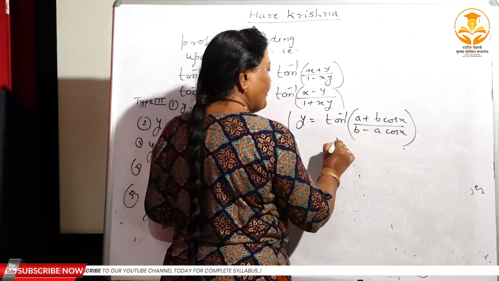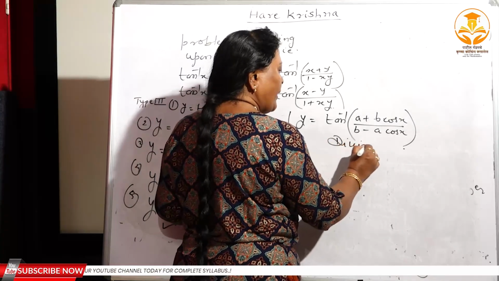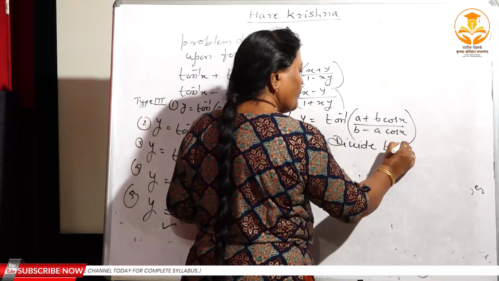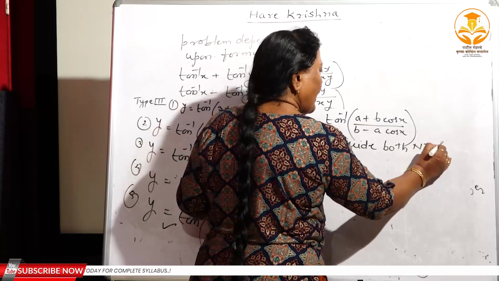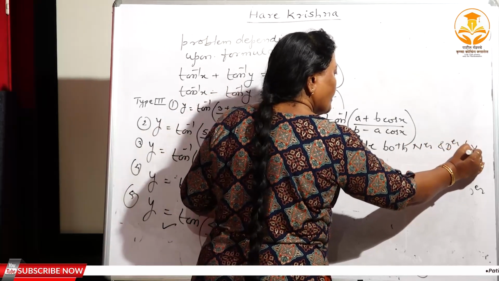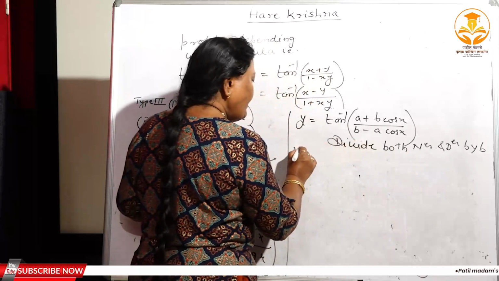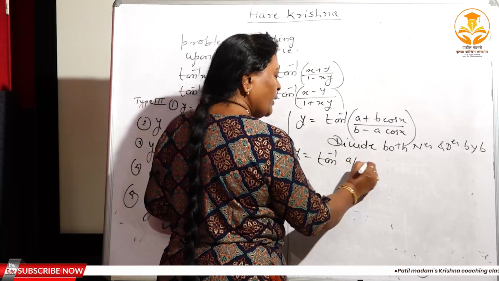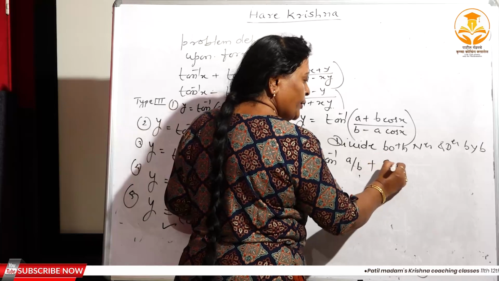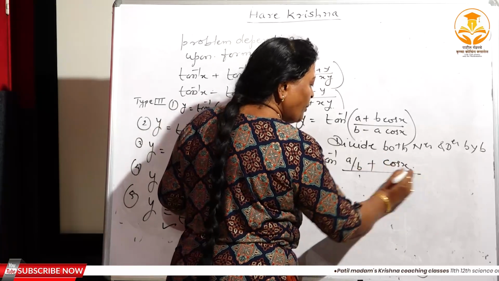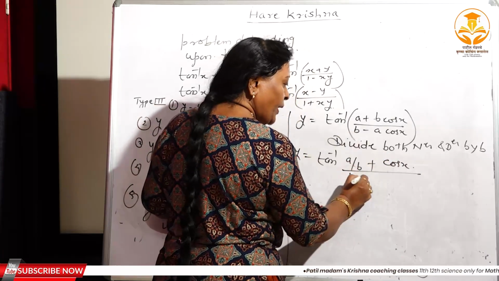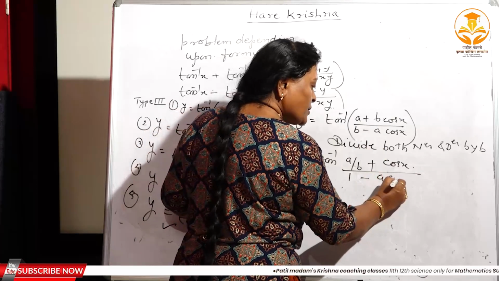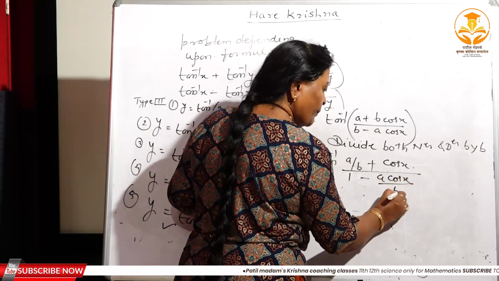Therefore, again you have to divide both numerator and denominator by b. When you divide it with b, you have got a by b. When you divide it with b, you have got cos x. When you divide it with b, 1. And here again, a cos x divided by b.